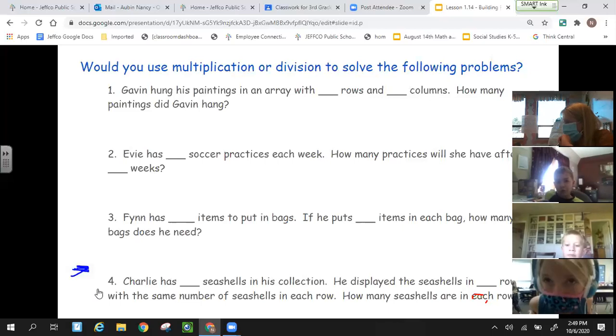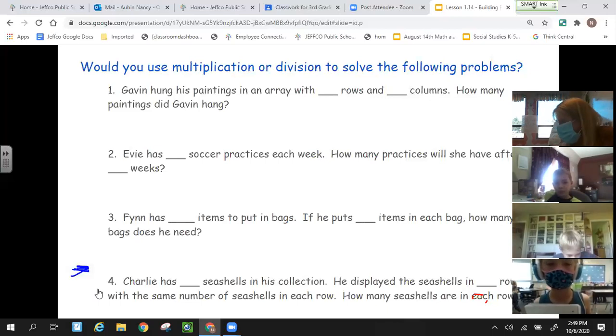Why? I said multiplication because Gavin hung his painting. How many paintings did Gavin hang? Because they're trying to tell you more than less. So it's multiplication because it says how many paintings did Gavin hang.